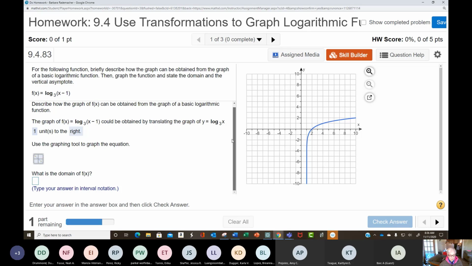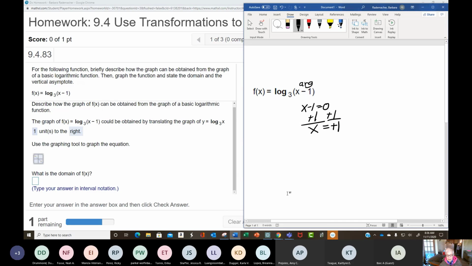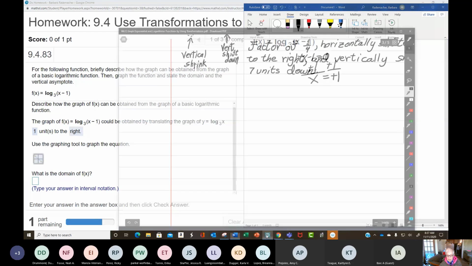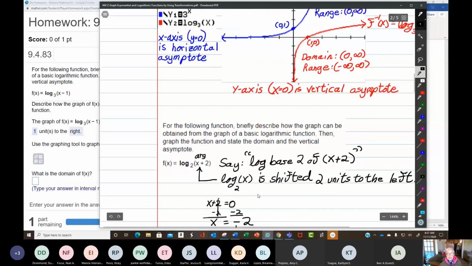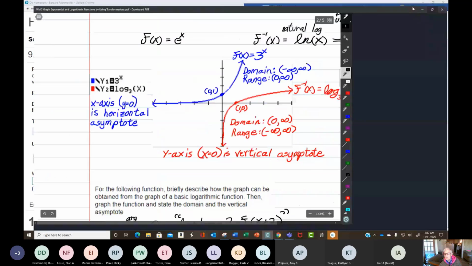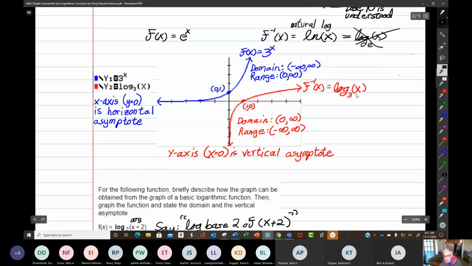Now, use the graphing tool. We did that. What is the domain? Now, this is interesting. The domain of the basic graph of log base 3 of x is, this is an asymptote.